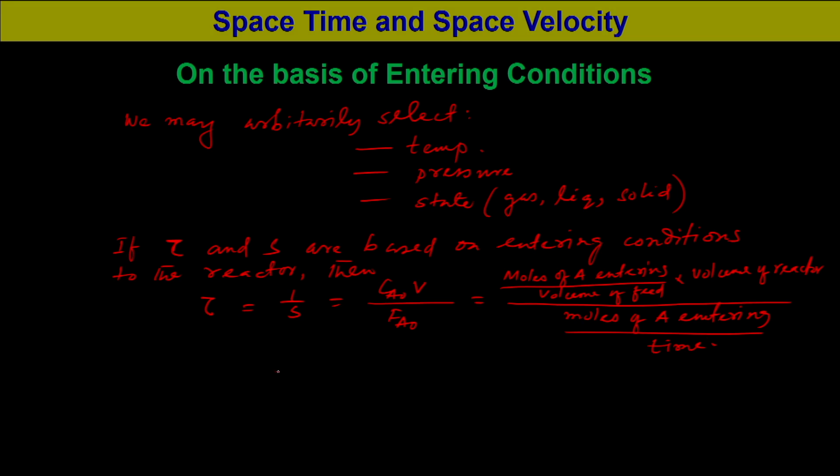So, this would be equal to the volume of reactor divided by the volume of feed, so this is V by V naught per time. So, volume of the reactor divided by the volumetric flow rate, so V by V naught.